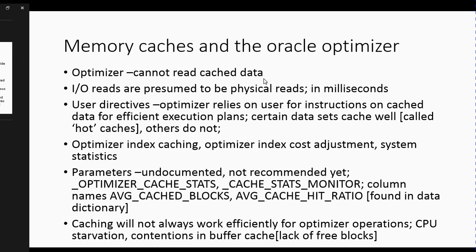That means if you are caching so many of those blocks in memory, you're not going to have as many blocks available for read and write operations. The optimizer cannot read cached data.